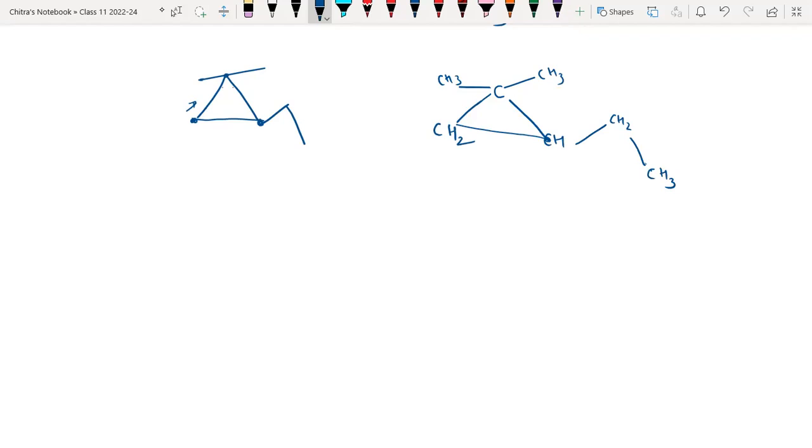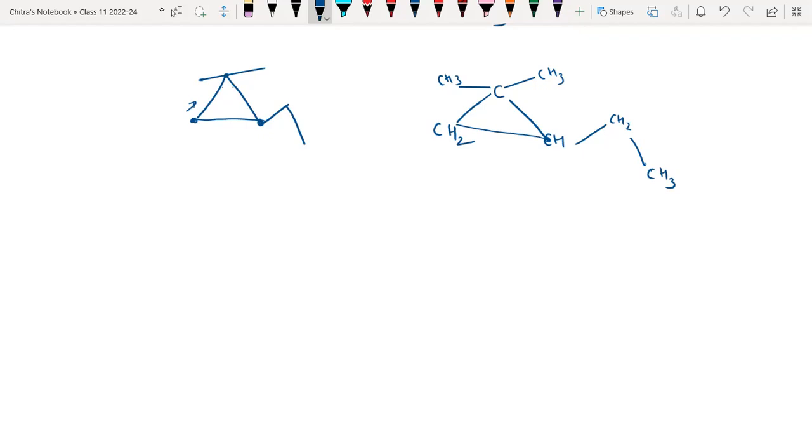See, you always have to count the number of bonds. You won't find more than 4 bonds on a carbon; you may find 3 or 2 sometimes, sometimes 1. If 4 are there, carbon is not going to form more bonds, so carbon will be present alone.